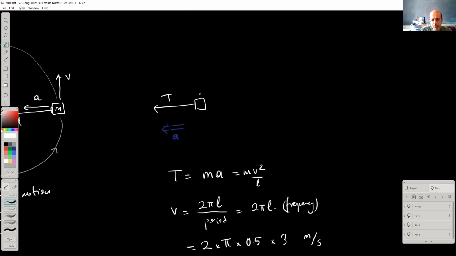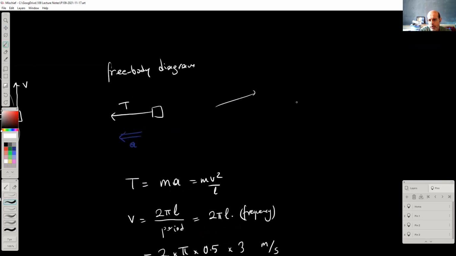Okay, so the problem in here is that this is the free body diagram, which shows all the forces acting on the object. Acceleration is just optional. Some people usually draw the free body diagram like that. Let me just write down the radius in here, or mv squared over r.